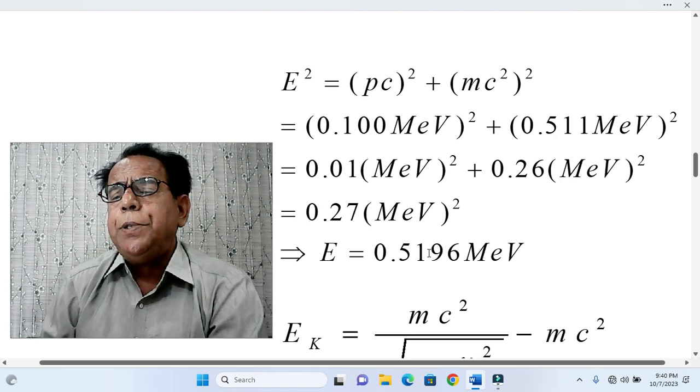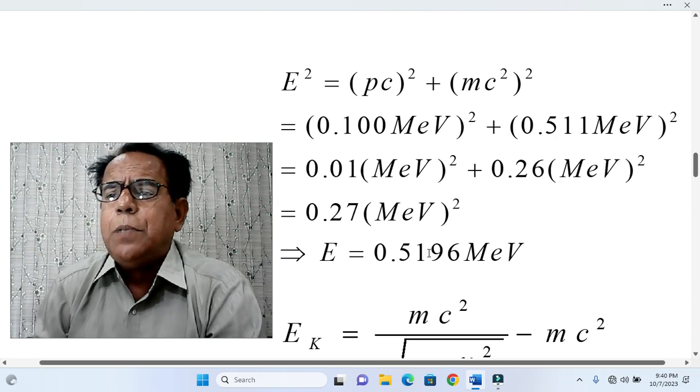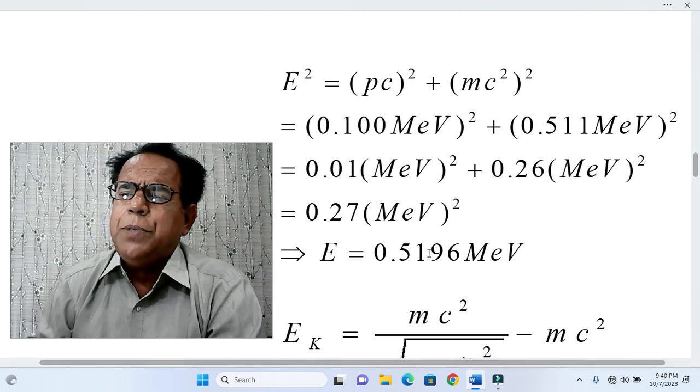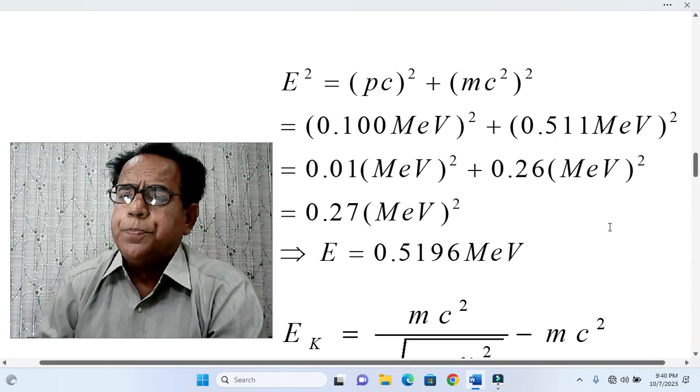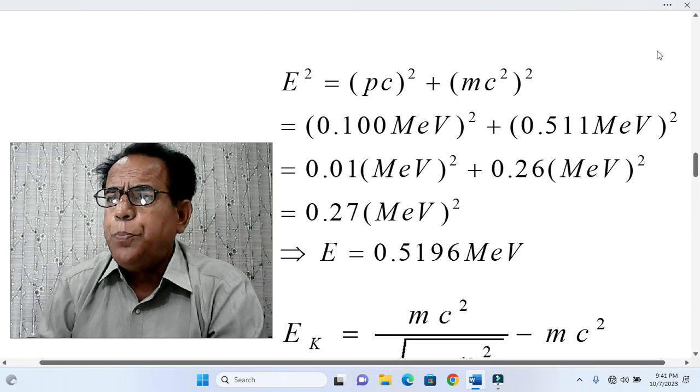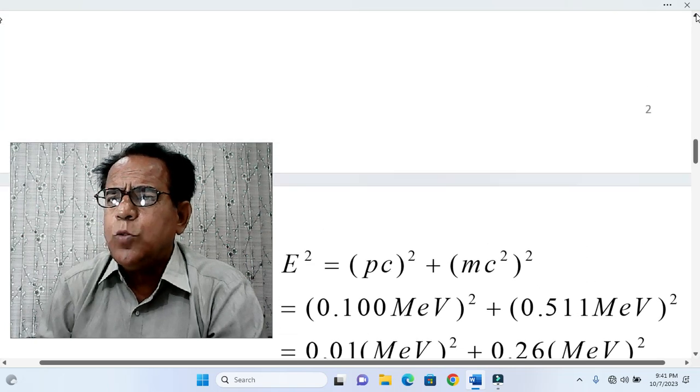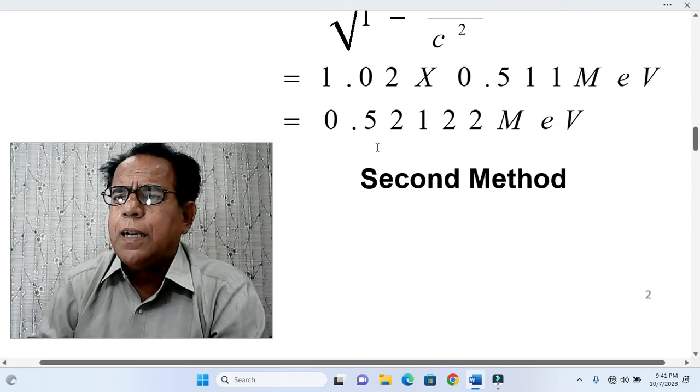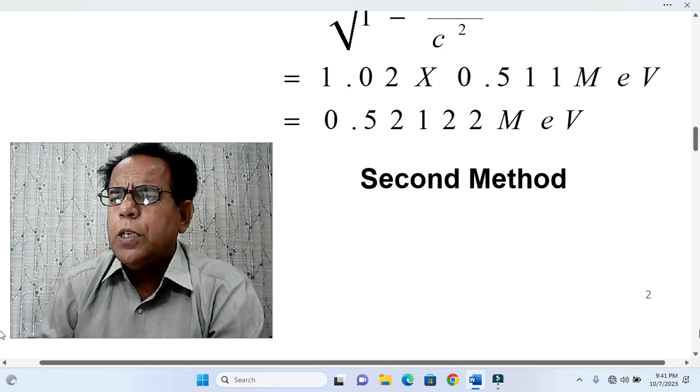If we keep it to two decimal places, it will be taken as 0.52. This is also 0.52.